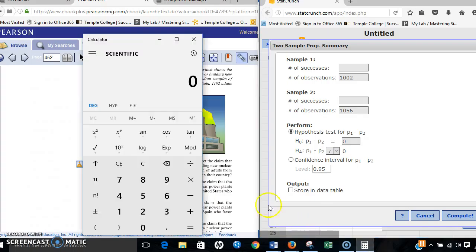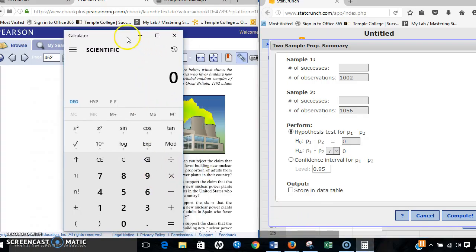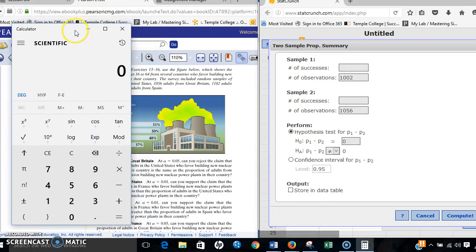To find that, I use my calculator, and for the U.S., I'm going to look at 51%, which is 0.51, and I'm going to multiply that by my sample size, my number of observations, 1002, and I get 511.02. So I'm going to round that to 511.